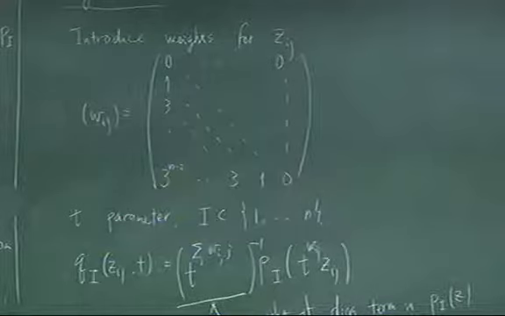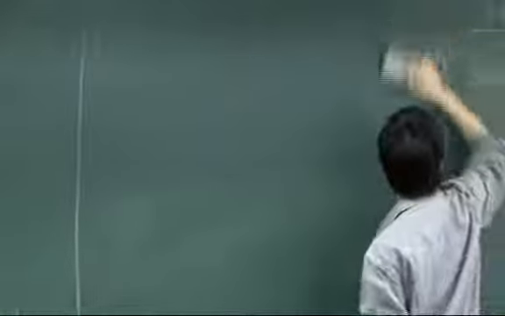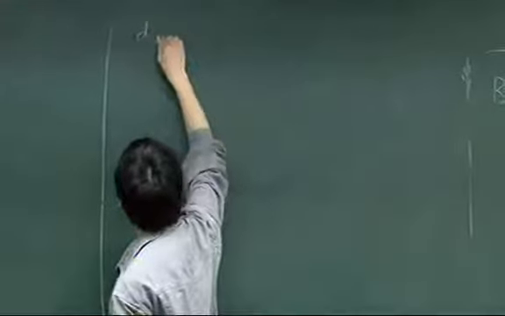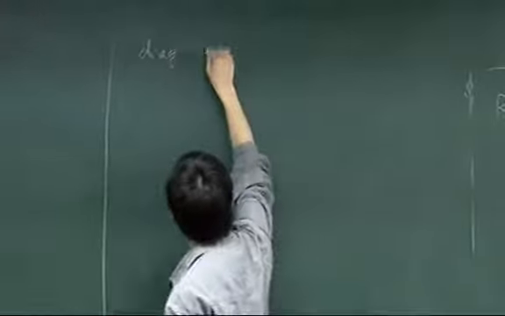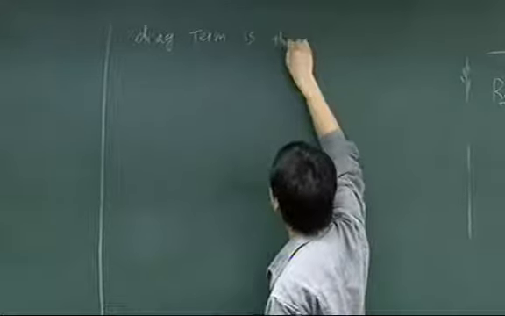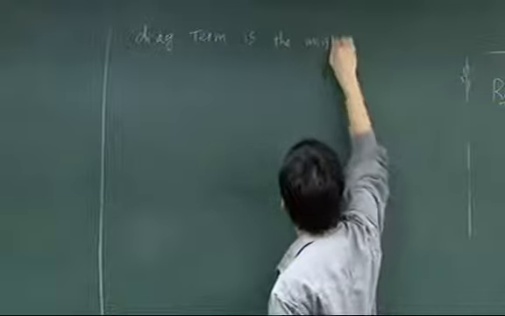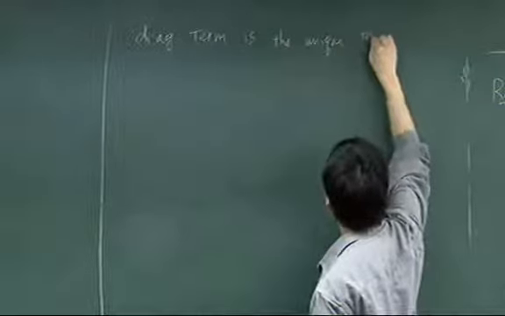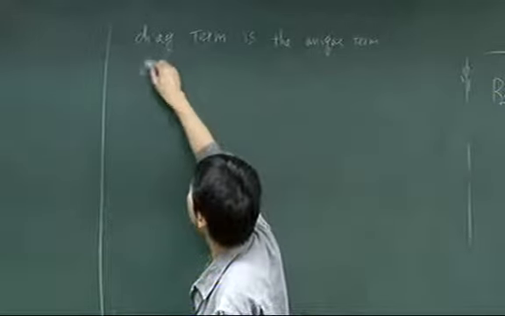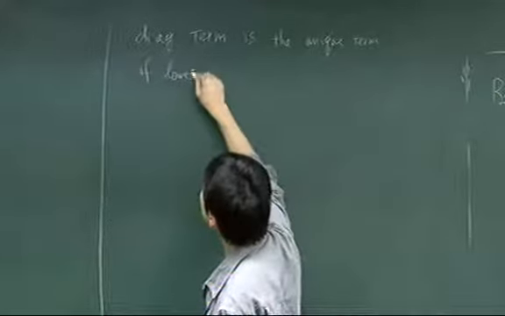Then the point here is that this diagonal term has the smallest weight, namely, the diagonal term is the unique term of lowest weight.